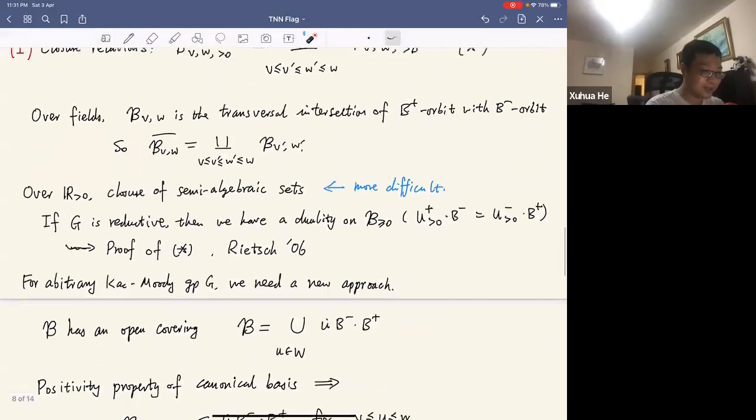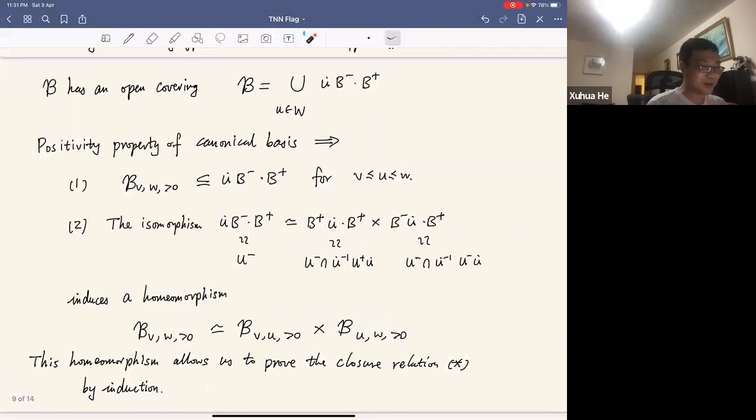Okay, so in fact, we used it in the very beginning. We have this totally positive part, and what we're going to do is use this Marsh-Rietsch parameterization. Then we calculate this generalized minor. We want to show whether or not it is contained in this open part.